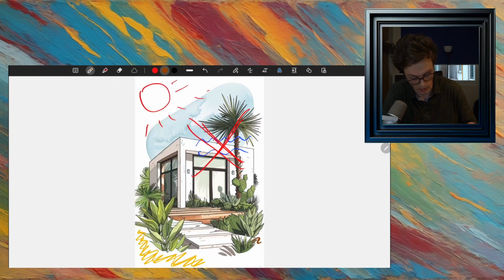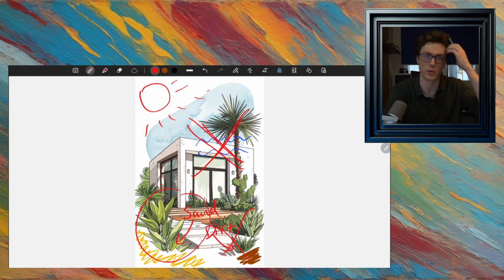So dirt looks more brown, right? This is the dirt color. This is sand. And this is dirt. But it looks like we're in the desert, not in somewhere like the forest or somewhere where there's more water.